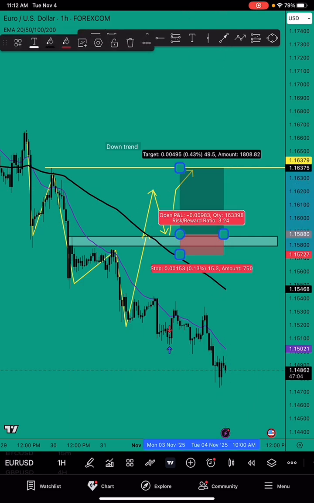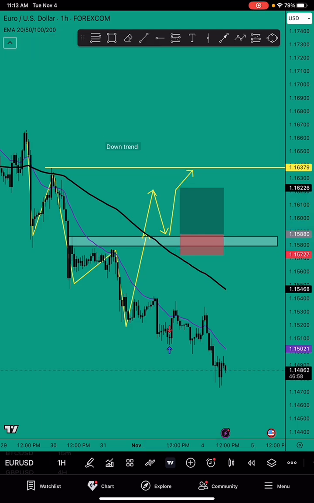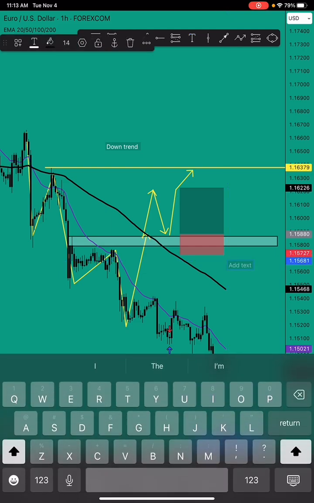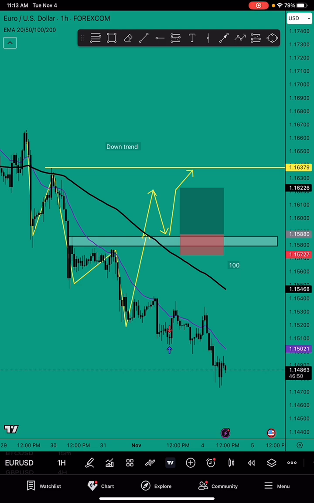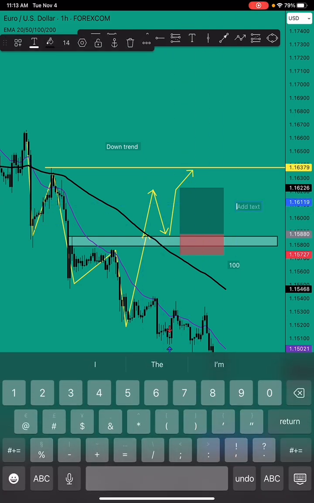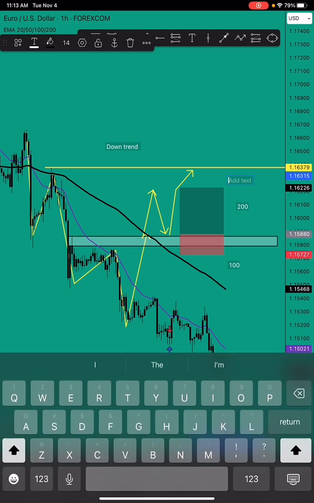If we had our take profit here, we would still be at a safe 1 to 2. So if you were risking $100 here, you're trying to make $200 here, and then ultimately you're trying to make $300 here.